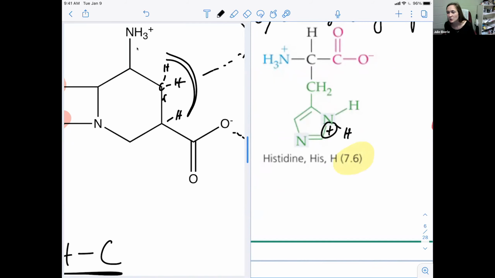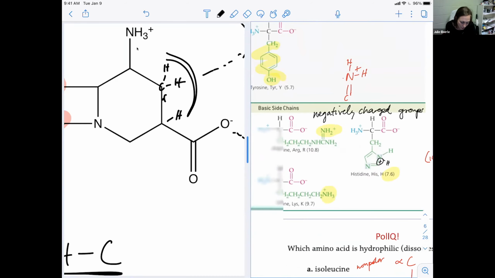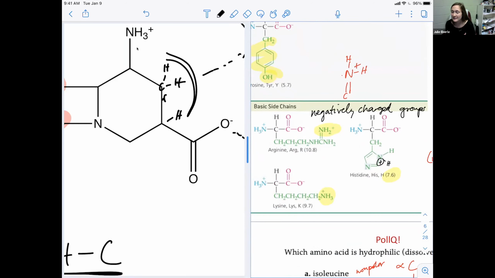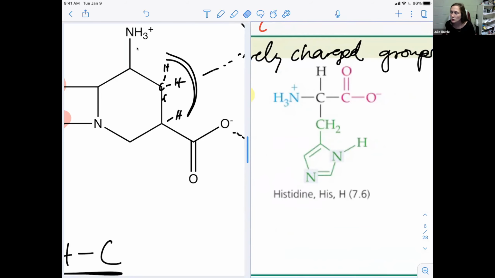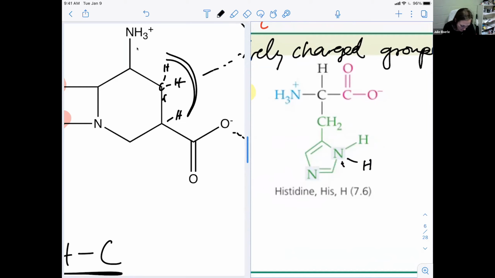It's just that at physiological pH, roughly 50% of the population of histamine atoms in our body are neutral, and just under 50% are charged. But we still group histamine with basic side chains because at just above physiological pH, it will have a plus charge on it. So it's not uncommon to see histamine with a positive charge, but they just had to pick a way to represent it in this table, and they picked neutral. But we still consider it basic because it so easily accepts a hydrogen right here.